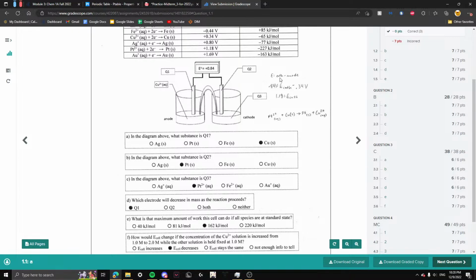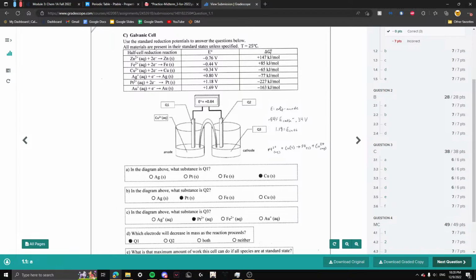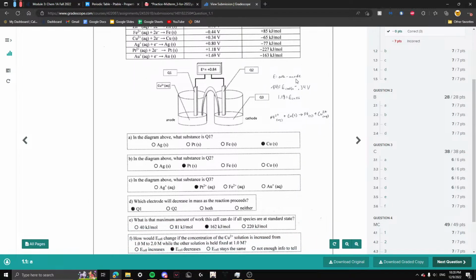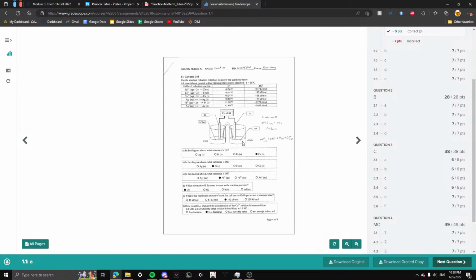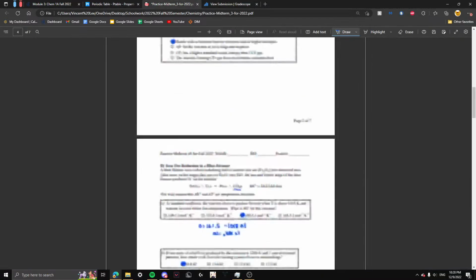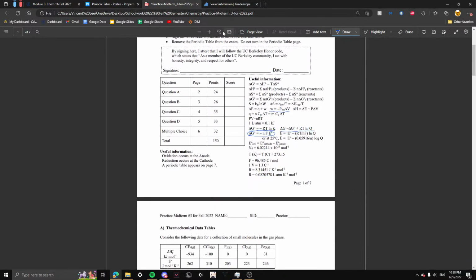So if we have more anode, then it's going to become more negative, right? Because we're subtracting. No, hold up, am I tripping? Wait, I can't scroll up to look at the formula, but I can look at the formula from here because it's the same formula sheet.